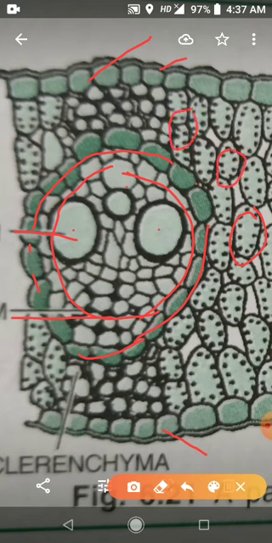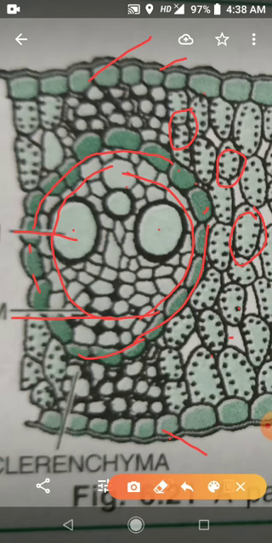In the mesophyll cells, the number of chloroplasts is less, but in bundle sheath cells, the number of chloroplasts is more. And here you see in between the upper epidermis and lower epidermis, palisade cells are absent. Here there is no differentiation of mesophyll cell into palisade and spongy mesophyll cell. So palisade cells are absent.